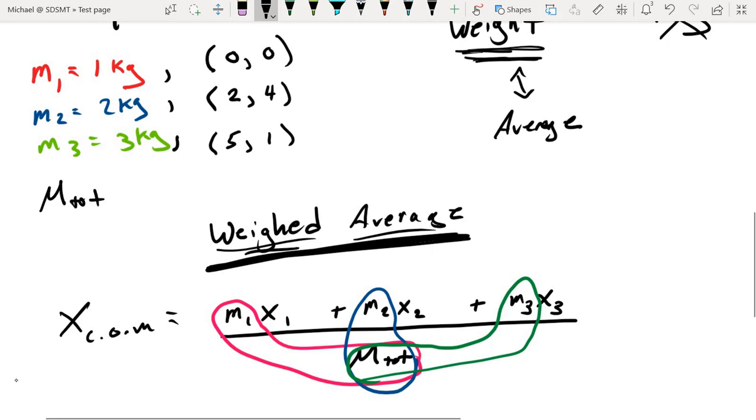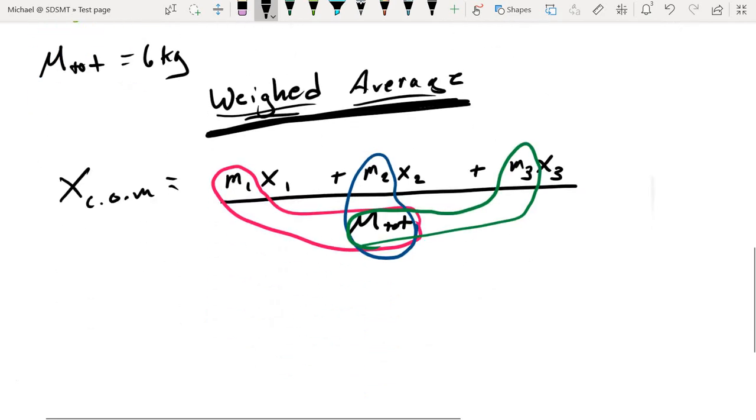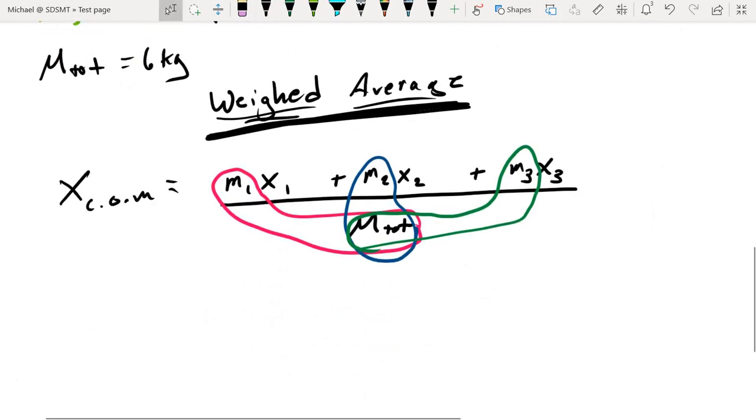Total mass is 1 plus 2 plus 3, which is 6 kilograms. So mass 1 over total mass is 1 over 6, and that's being multiplied by x1. We have mass 2, which is 2 kilograms over 6, multiplied by x2, and mass 3 was 3 over 6 times x3.